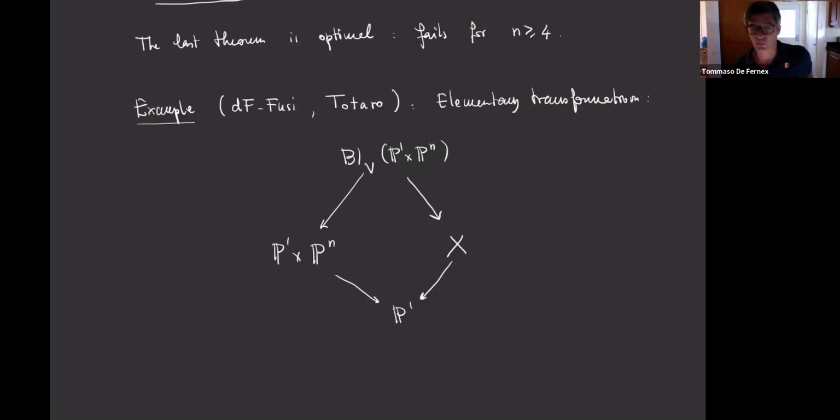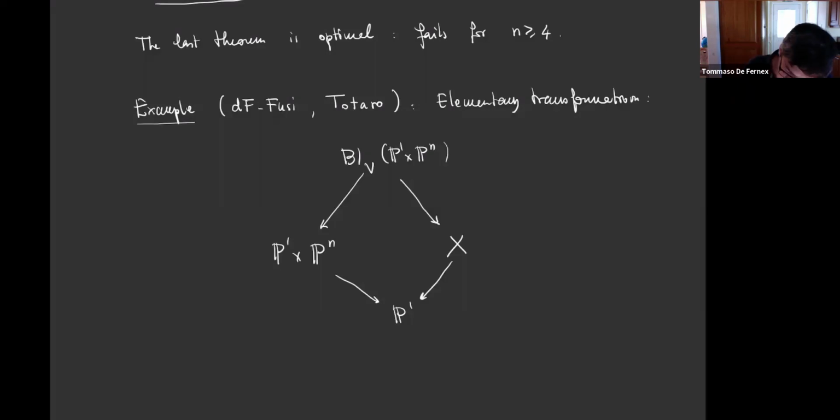So this elementary transformation, of course, we're very used to computing when n is equal to 1. So you start from P1 cross P1, and then you blow up a point in the fiber, you blow down the proper transform, and you end up on an F1, and you do the same thing. You might go back, or maybe you go to an F2, and so on. So you can move from one irreducible surface to another.